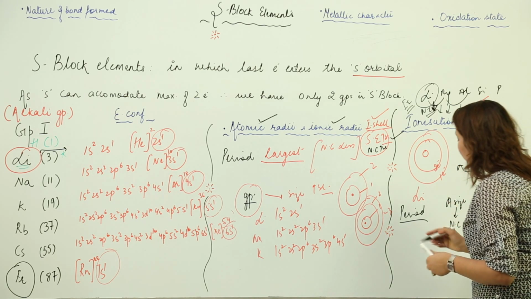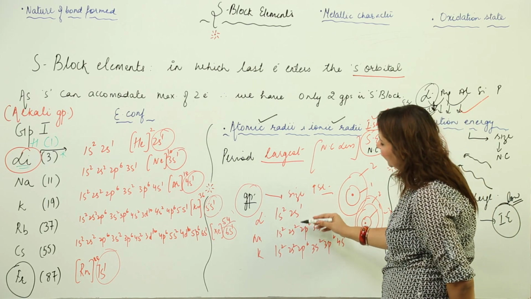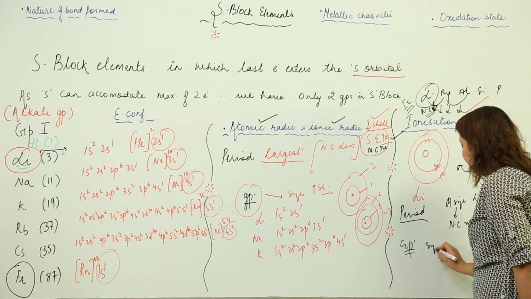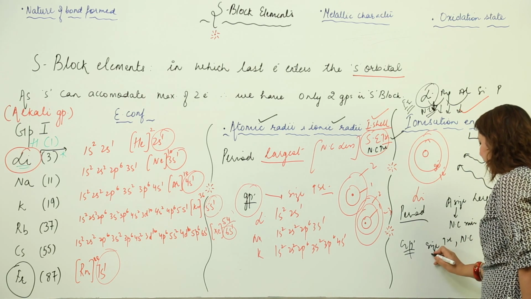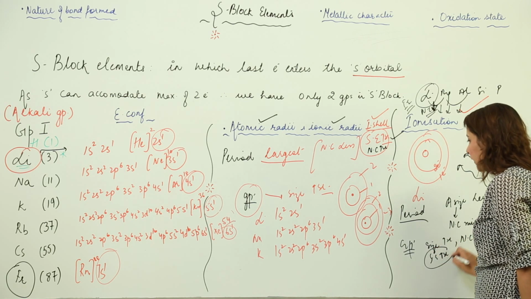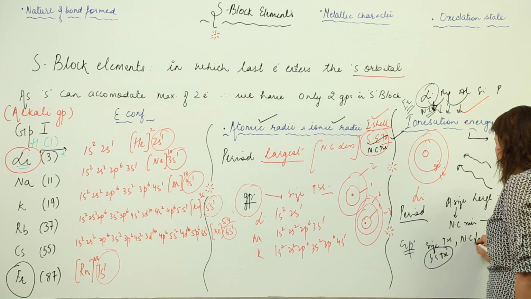But now if we talk of a group, as we have seen, when we are moving down, the size is constantly increasing. That means the shielding effect is increasing, which we already discussed, and due to which the nuclear charge is somehow decreasing.